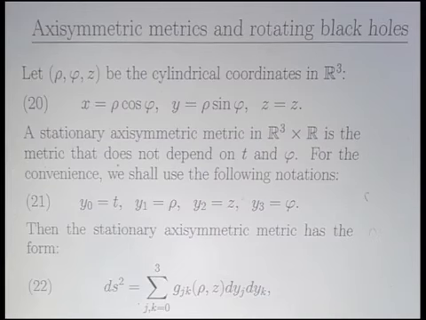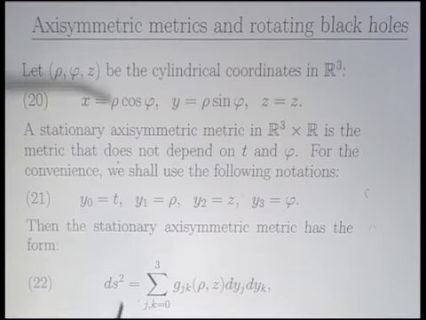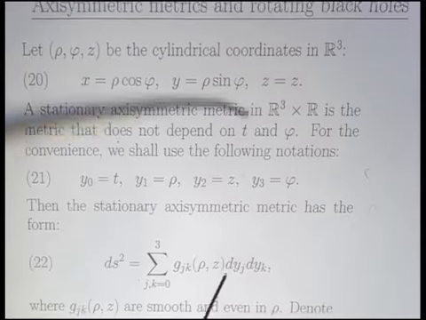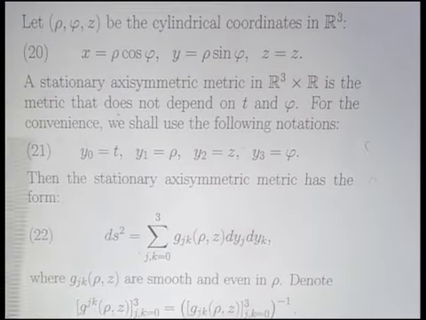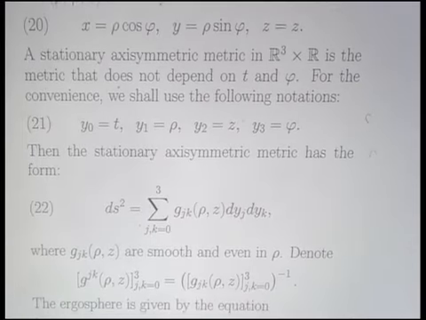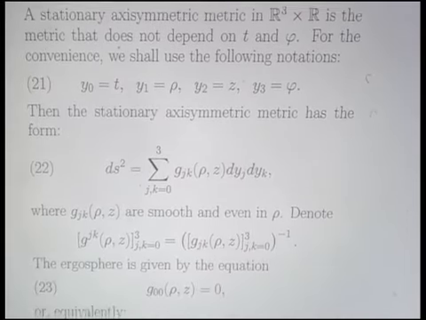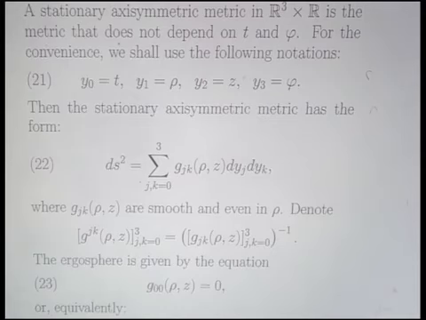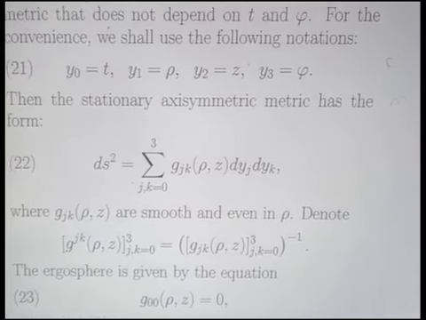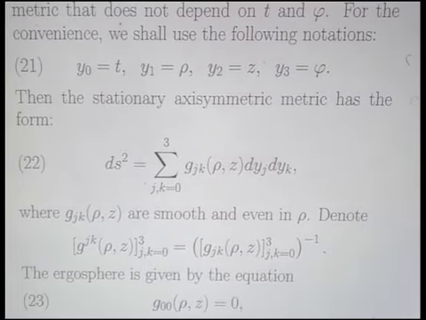We always consider metrics not depending on time, but also it doesn't depend on phi. So in this case, you can consider practically a two-dimensional case if you disregard phi.